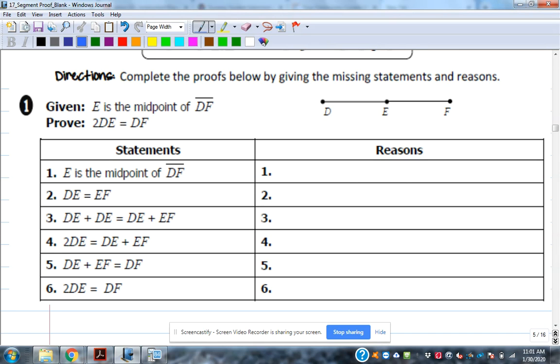Yeah, look at our given: E is the midpoint of DF. So number 1 is the given part. So that one is the free one. So how do we get DE equals EF? Yeah, it's the definition of midpoint.